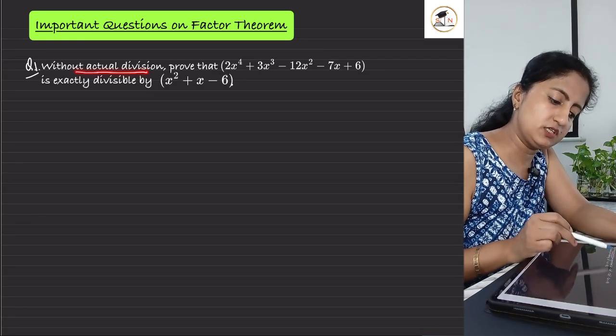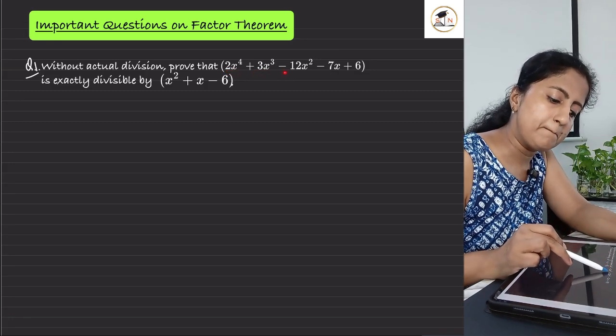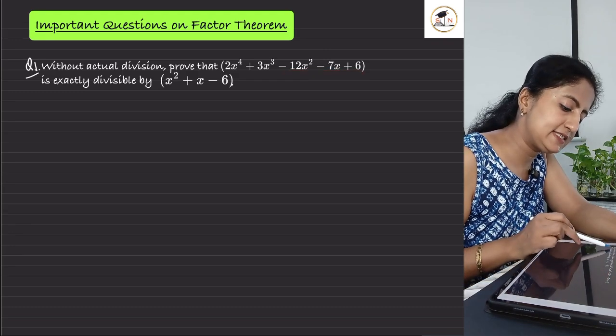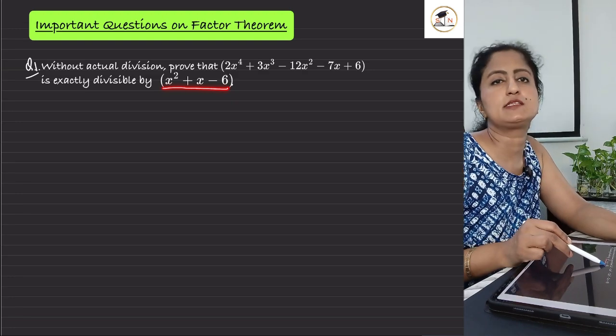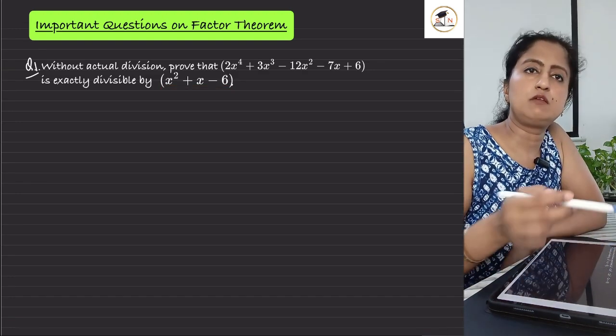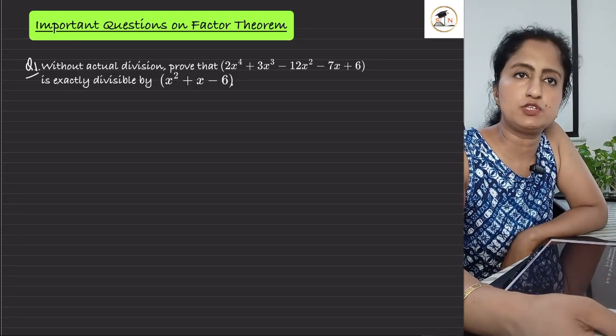Without actual division, prove that 2x^4 + 3x^3 - 12x^2 - 7x + 6 is exactly divisible by x^2 + x - 6. Now, the question says without actual division because factor theorem may involve long division, right?